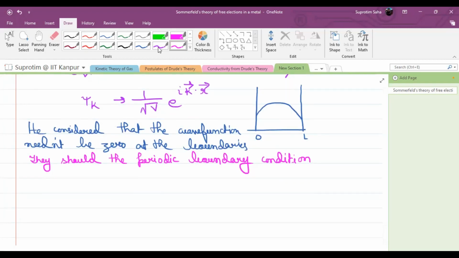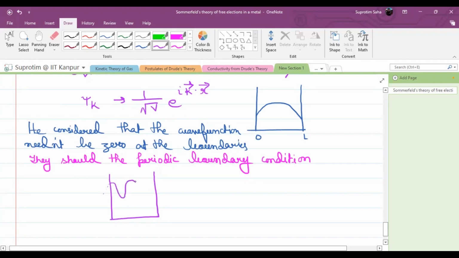So this means that, for simplicity I'm drawing in one dimension, if you have a wave function like this also, this is also a permissible solution. The wave function has to obey the periodic boundary condition.